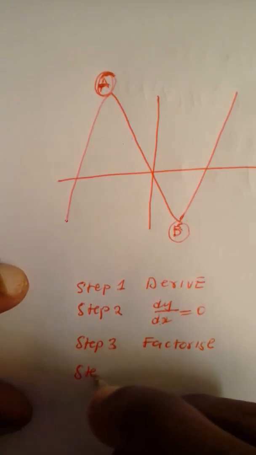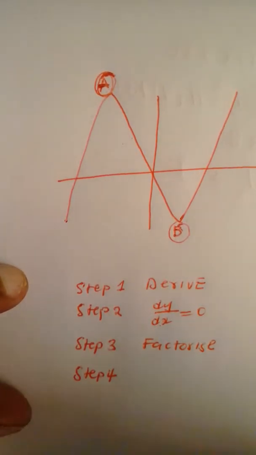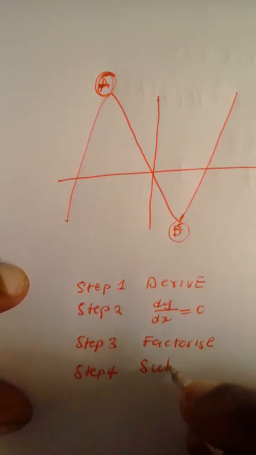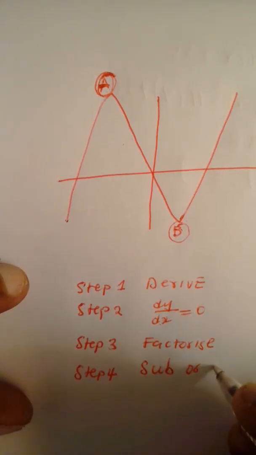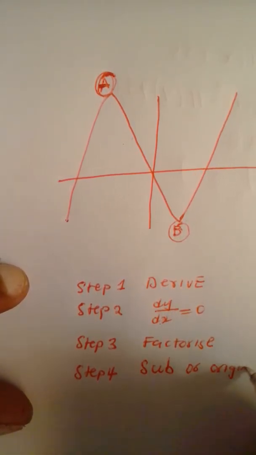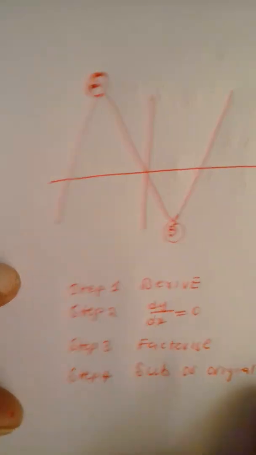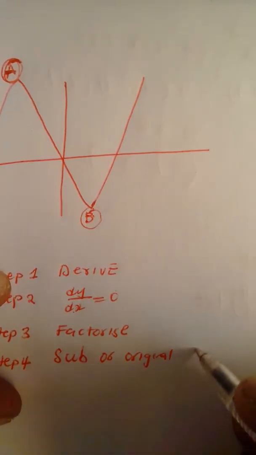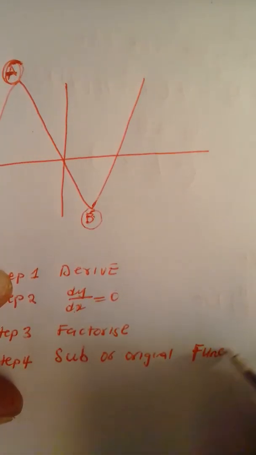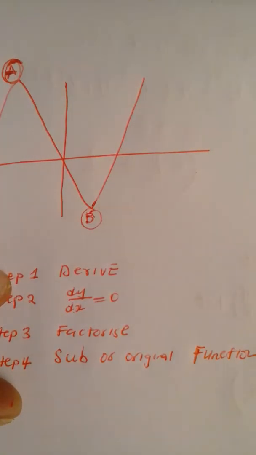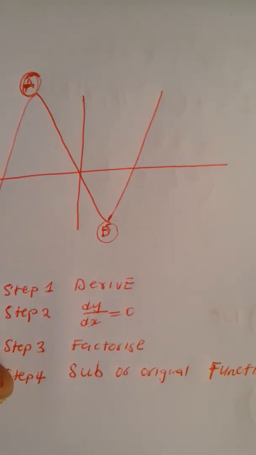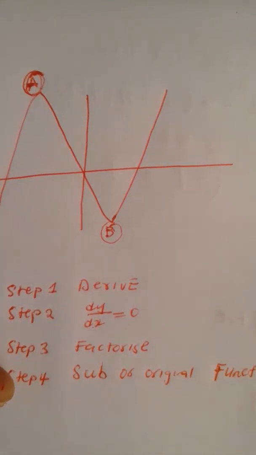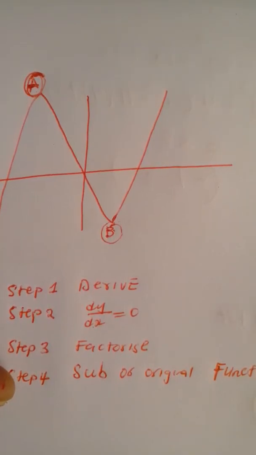So the last step, substitute on the original function. So remember those steps that we follow when we look for the turning points of a cubic function. It is not difficult.